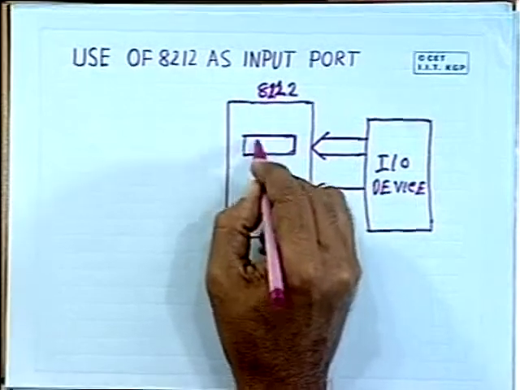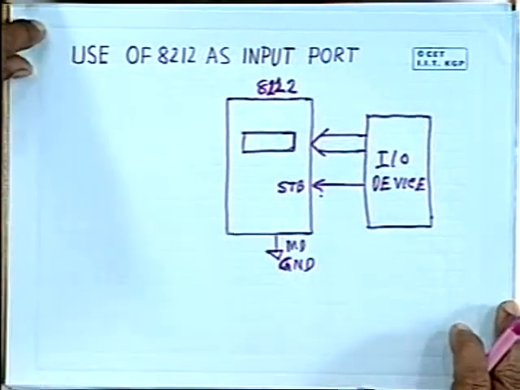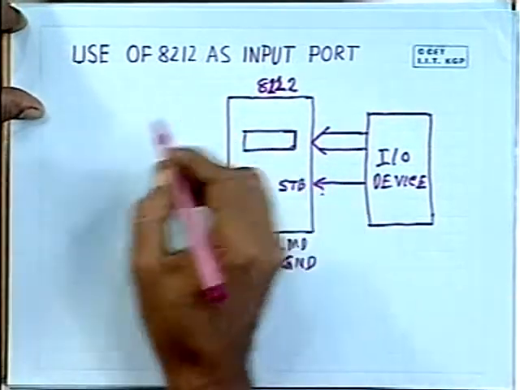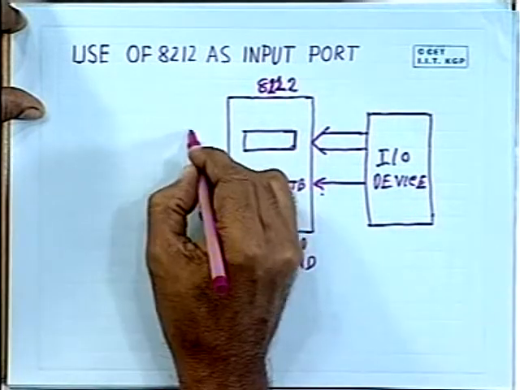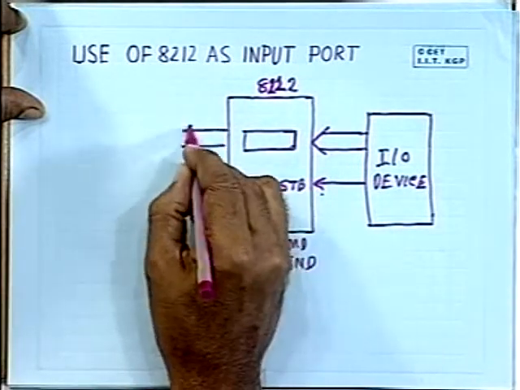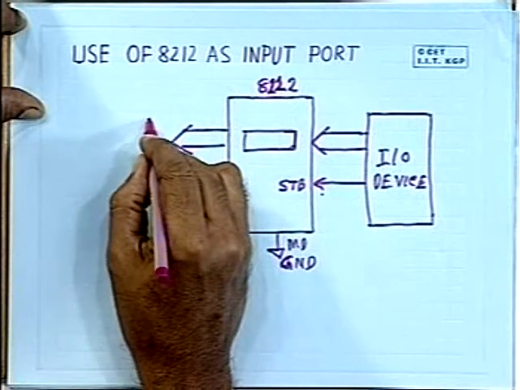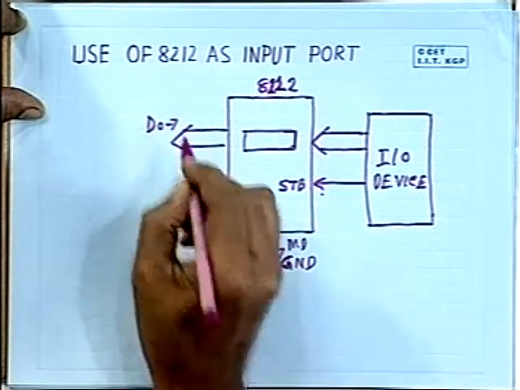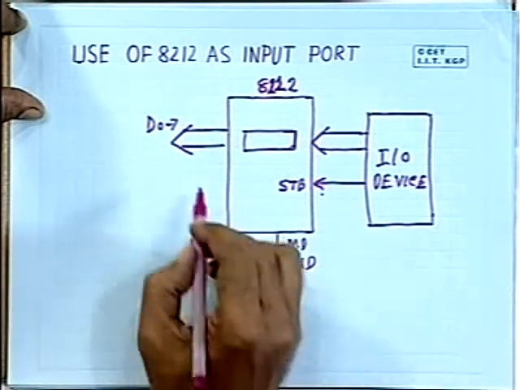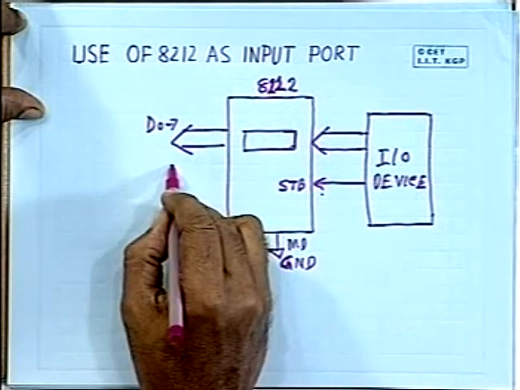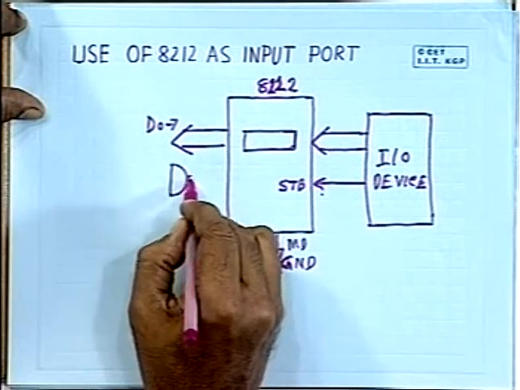Then how does the microprocessor read it from the 8212? Obviously, in this case the output lines have to be connected to the data lines of the microprocessor, and the device decoder circuit, as I explained, will be here.